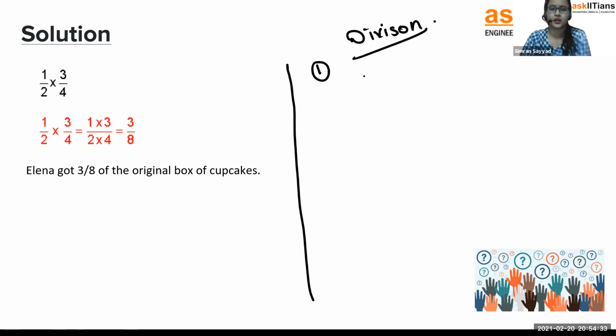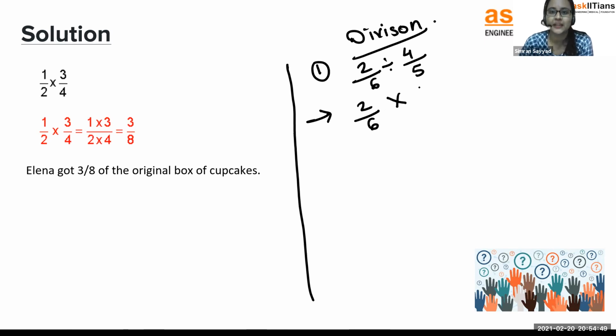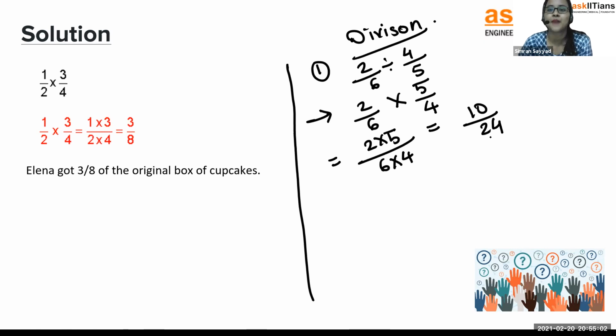Yeah, I say 2 by 6 divided by 4 by 5. How are you going to do this? Yes, students, tell me. Okay, 2 by 6 you're going to write as it is. Then you are going to put a multiplication sign and take the inverse of this. Exactly. 2 times 5, न्यूमरेटर को न्यूमरेटर से मल्टीप्लाई करो, डिनोमिनेटर को डिनोमिनेटर से करो. The answer is 10 by 24.